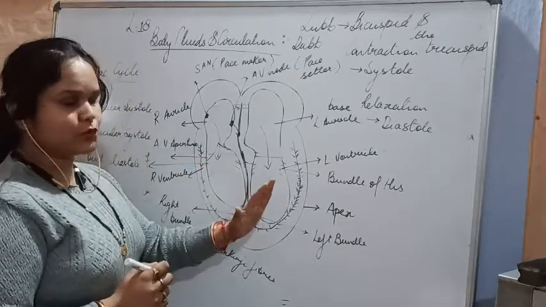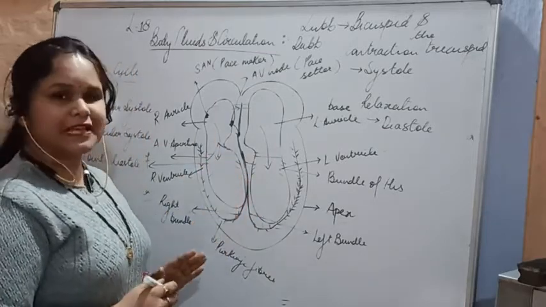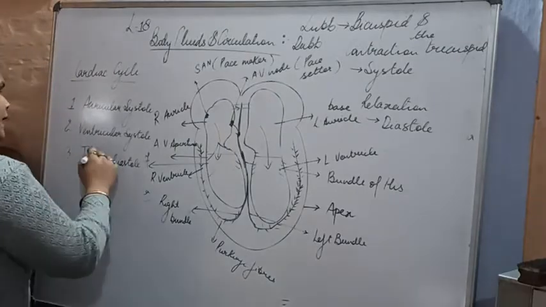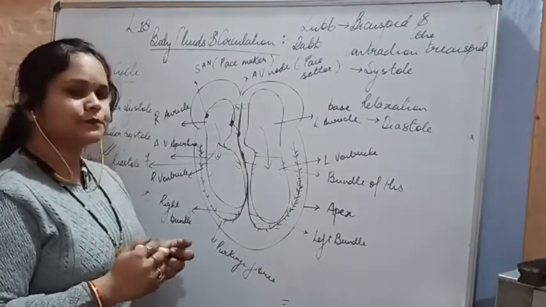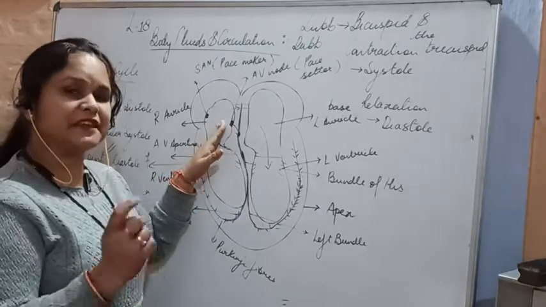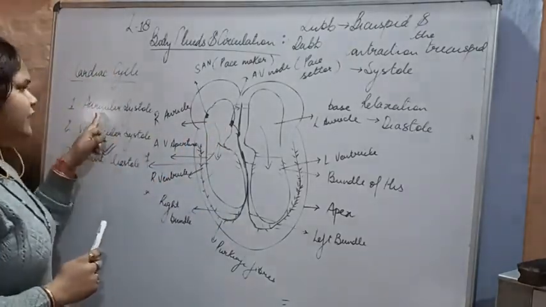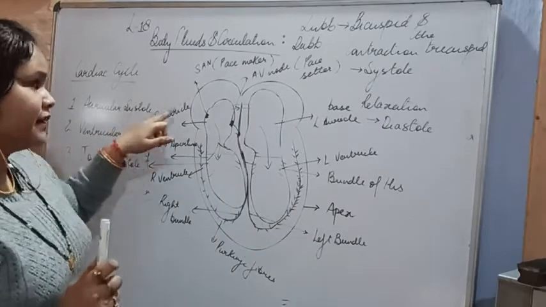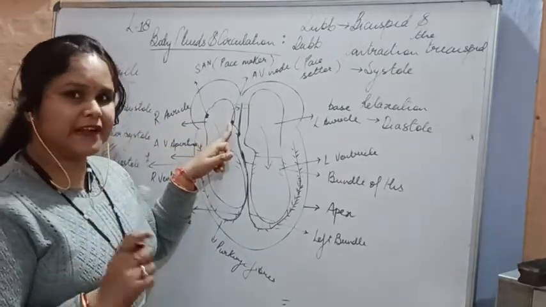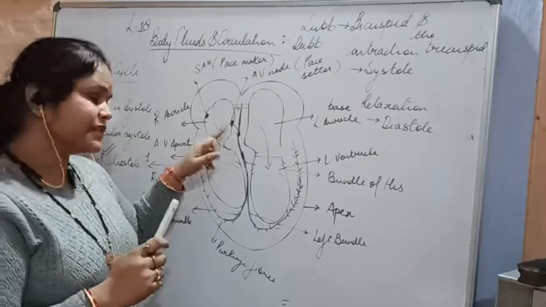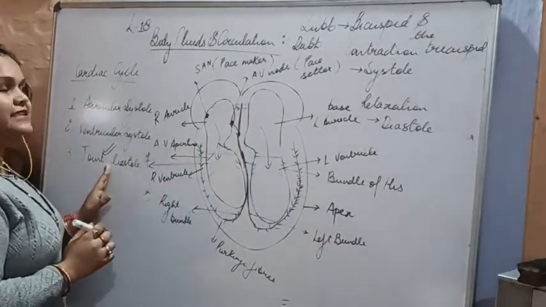So we have finished with the cardiac cycle. Now we are left with one phase, called the joint diastole. I have already told you, when the auricles have finished the auricular systole or contraction, they go into the diastole state. It means they are relaxing. So the joint diastole has already started.